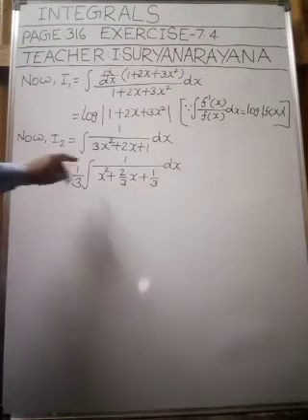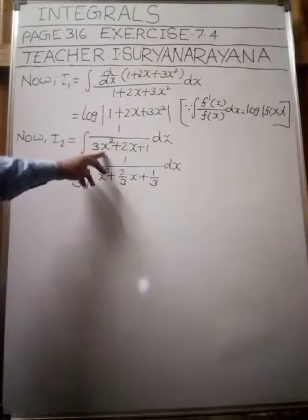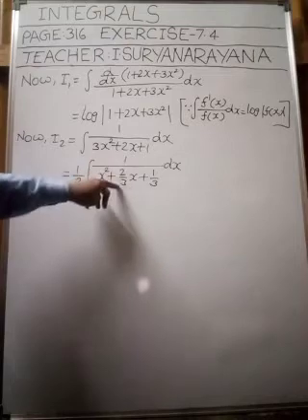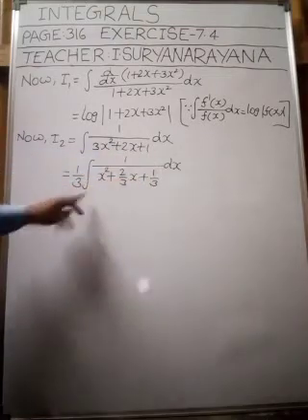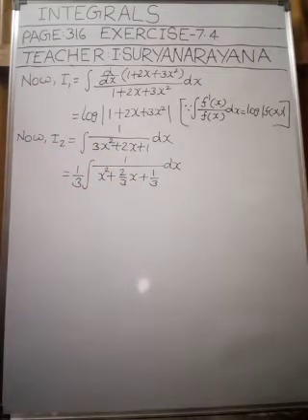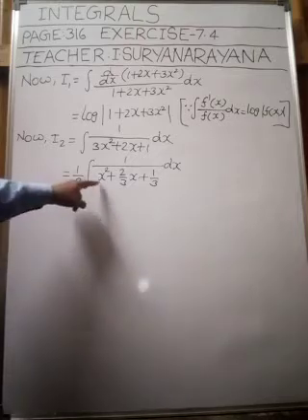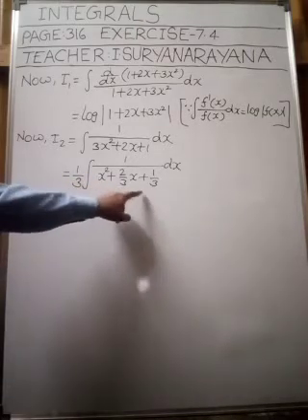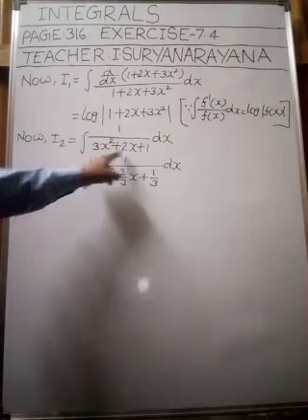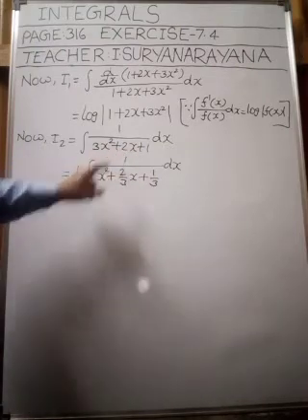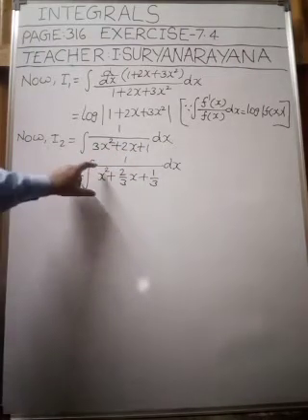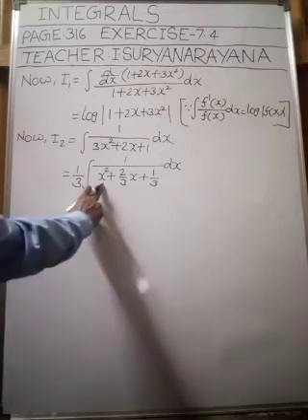Isn't it, my children? If you take 3 as a common factor, we get here x square plus 2 by 3 x plus 1 by 3. Right. If you multiply by 3, using the distributive property, then we get the same quadratic expression. Okay, my children? Right.